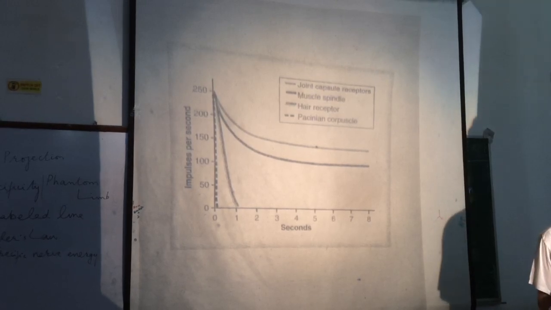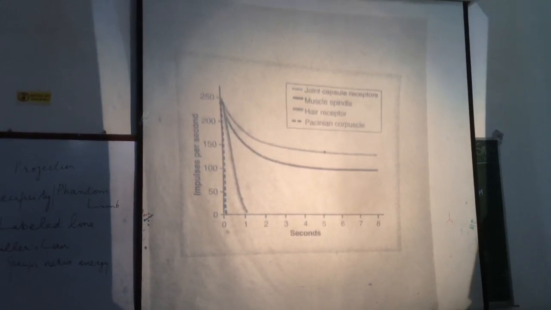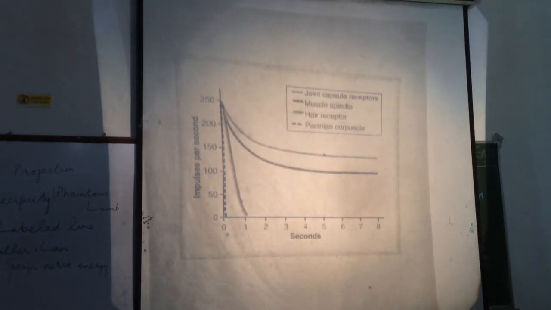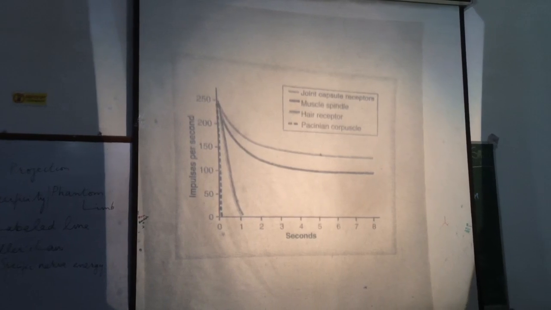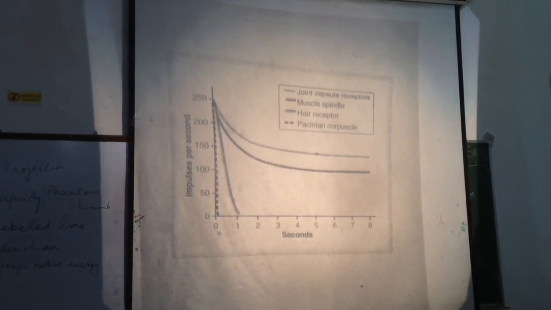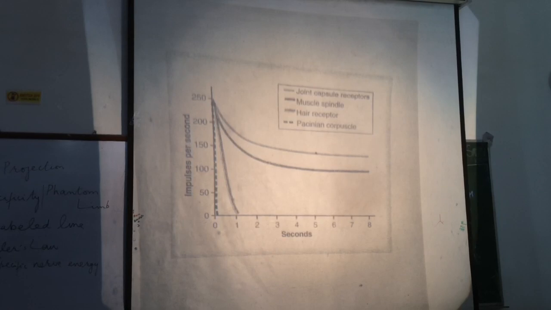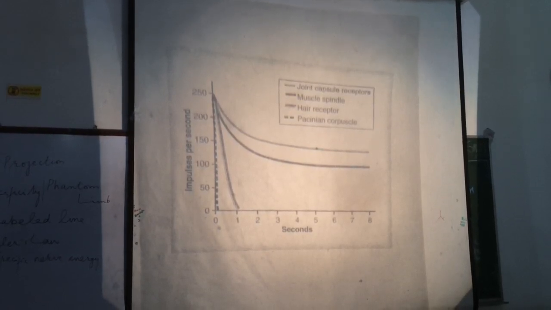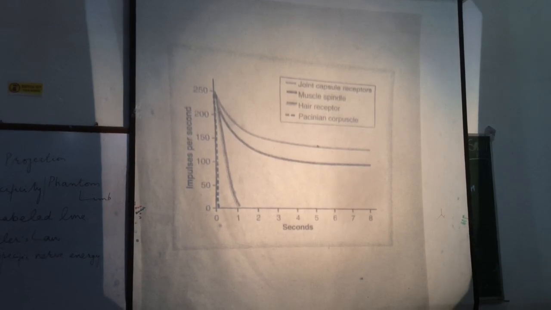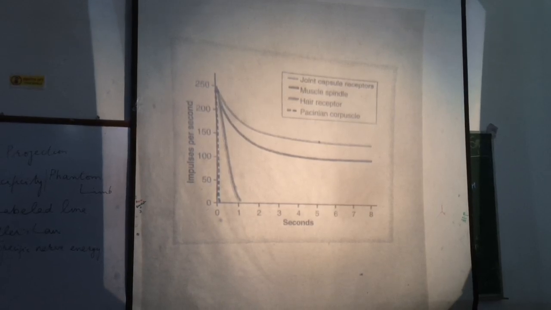Keep in mind that adaptation of receptors, rapid or slow, both are physiologically important. So sensory adaptation, both rapid and slow, phasic and tonic, both have got physiological importance.